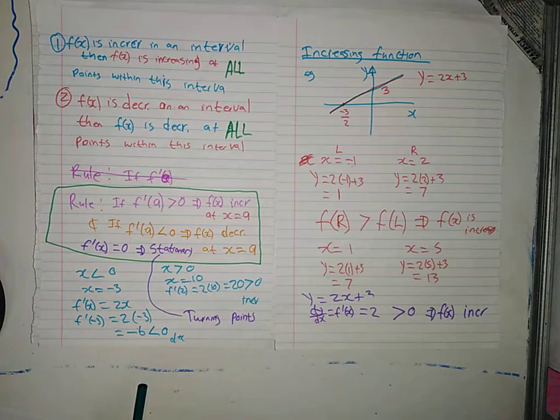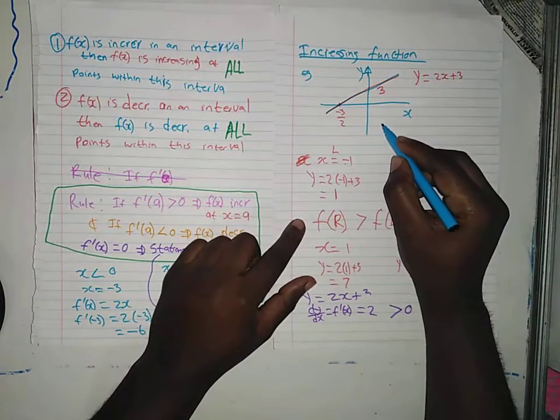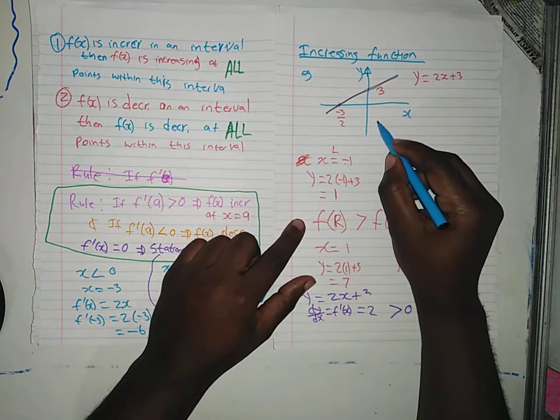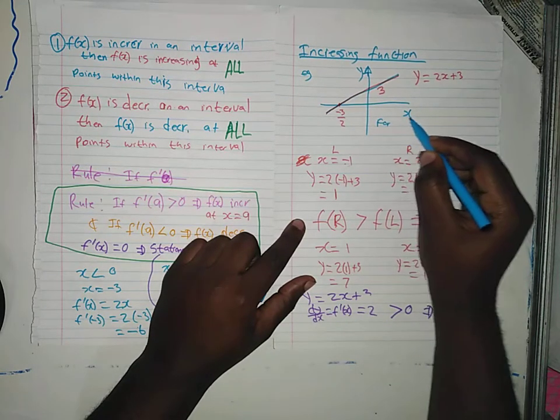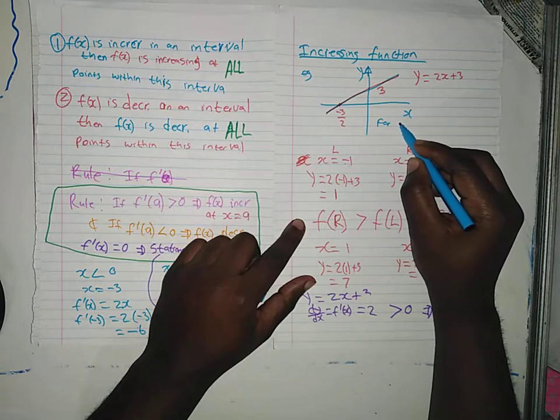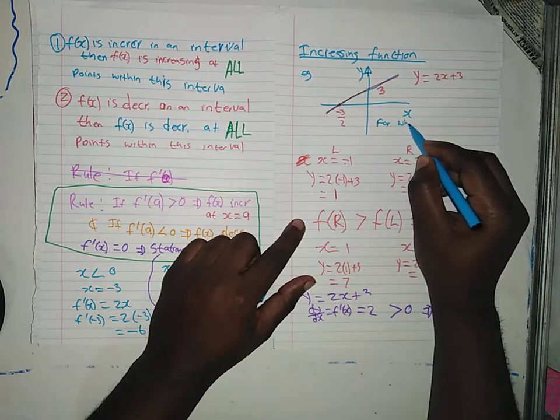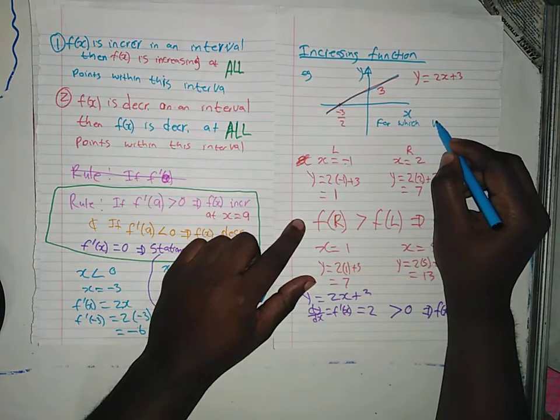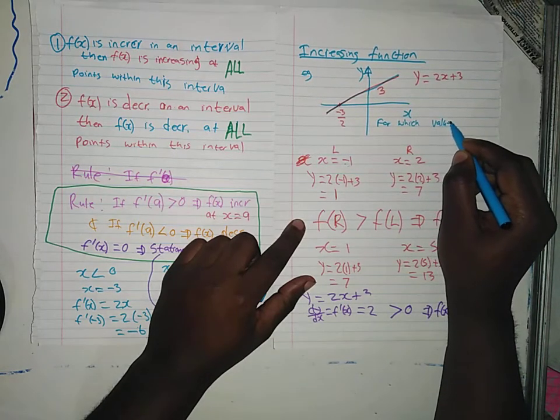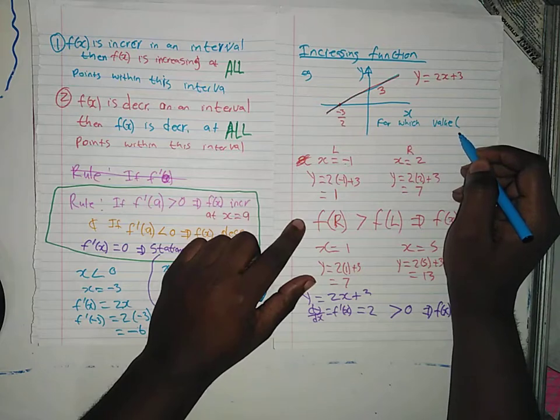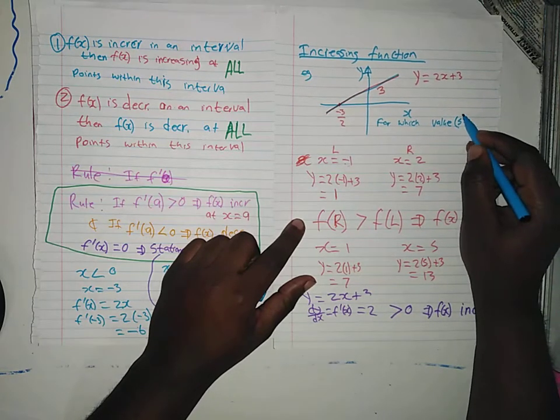Let's say they ask you a question. They say, for which values of x. Now I want you to notice when they write these things, guys, they always say value and then they put this s. What does this mean?